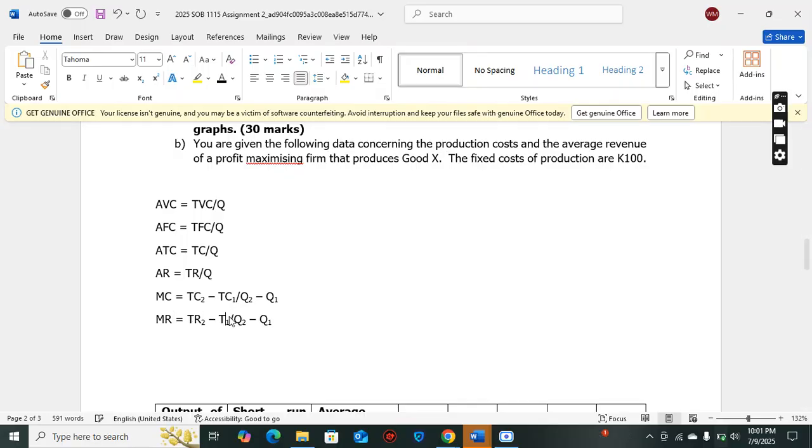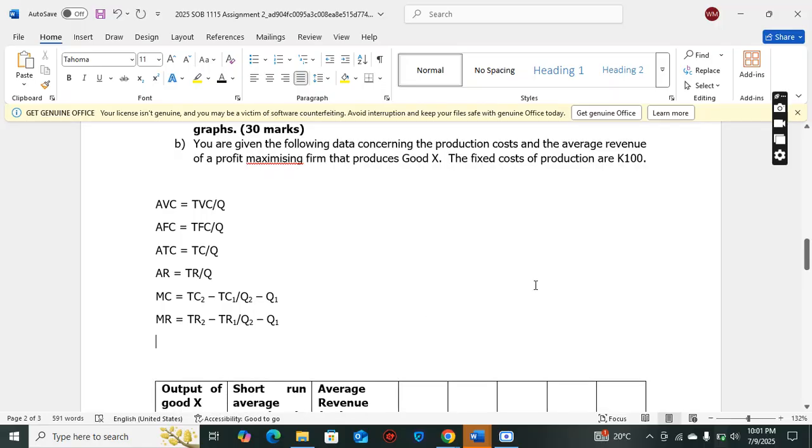So we're going to apply these formulae in this table, which we are looking at down here. It says you're given the following data concerning the production costs and the average revenue of a profit maximizing firm that produces good X. The fixed costs of production are 100 kwacha.